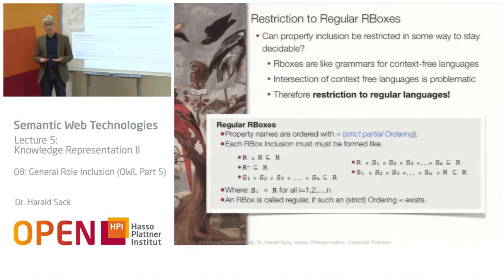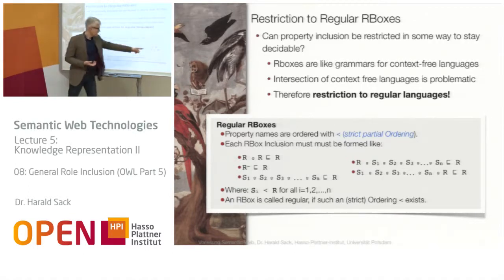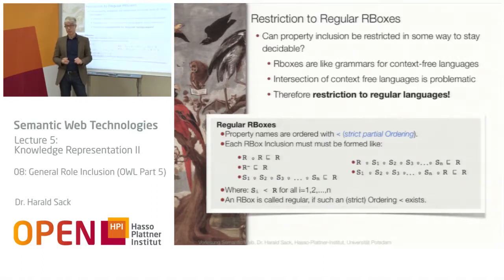The two complicated cases are whenever R occurs also on the other side of the subsumption sign. And there are only two cases allowed: the first case is R is somewhere right at the front, or R is somewhere right at the end. It is not allowed to stay somewhere in the middle, only at the front or at the end.